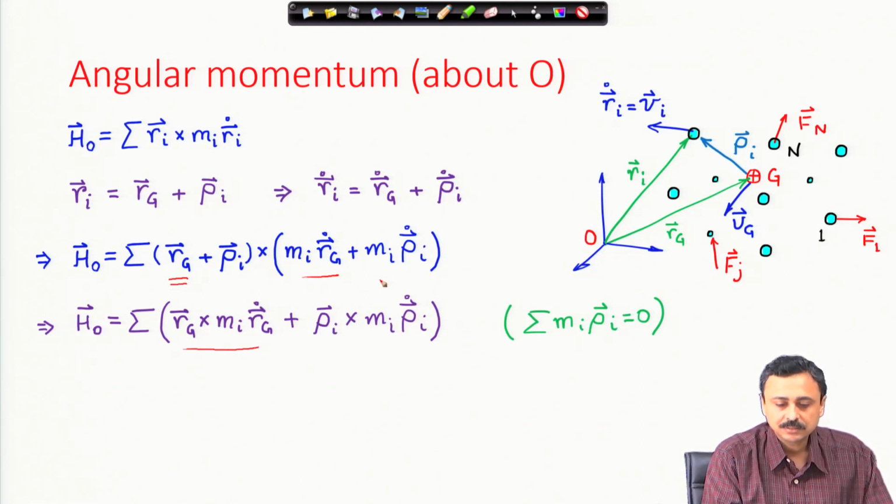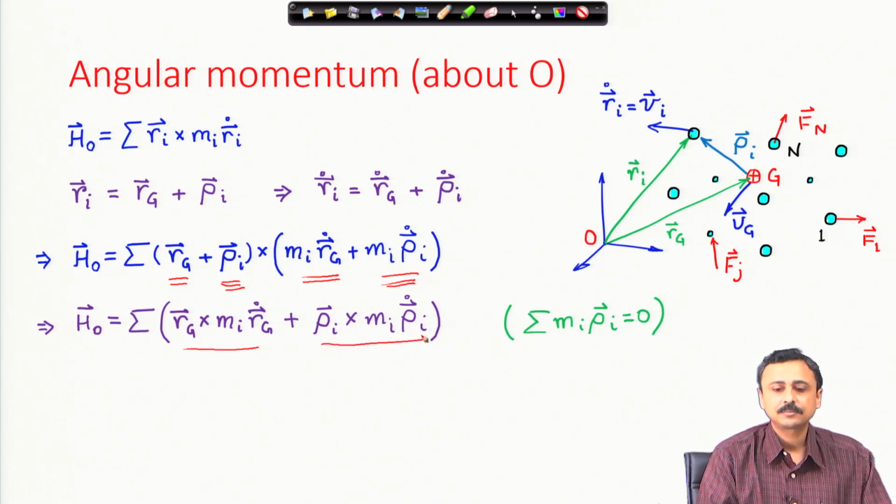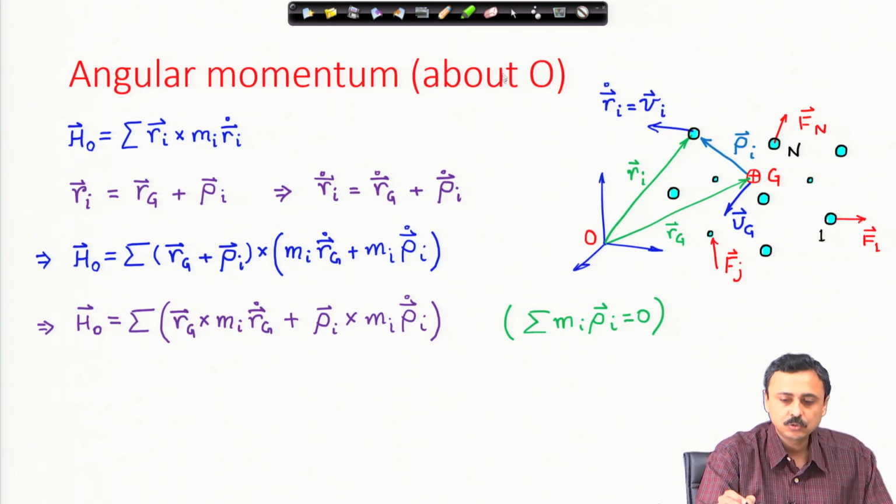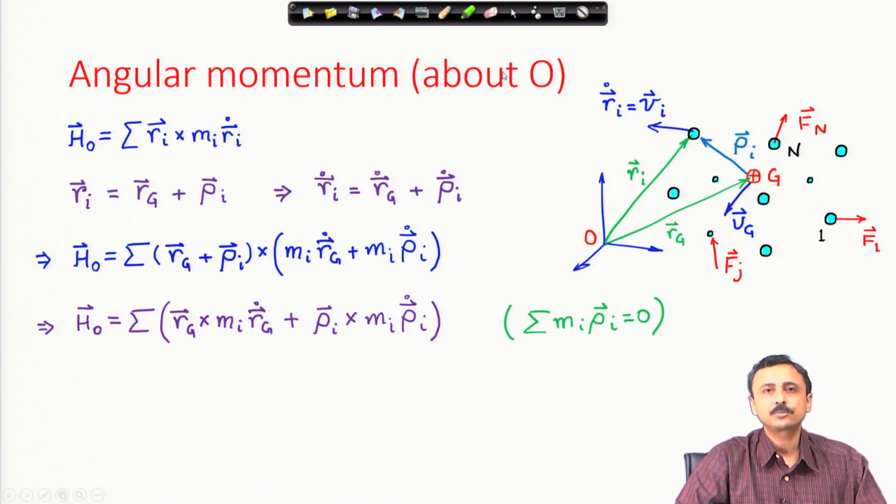When I do this cross product with the second term in the second bracket, I have the summation of m_i rho_i dot, which is 0. Therefore, that second term drops off. This cross this, once again I will get the summation of m_i rho_i, that is 0. Therefore, that also drops off. Then this one cross product with this one remains like this. Therefore, I have only these two terms in the expression of angular momentum about O.